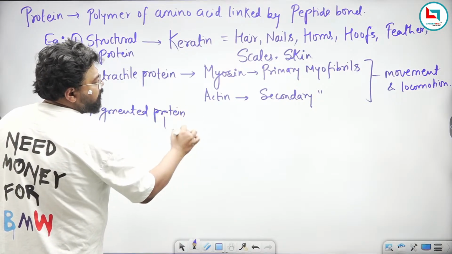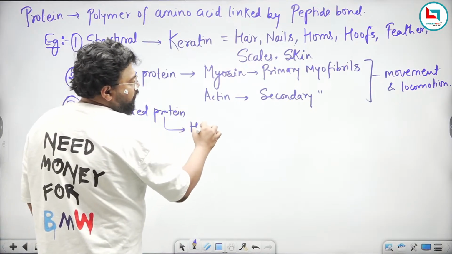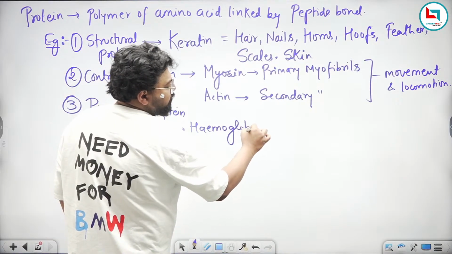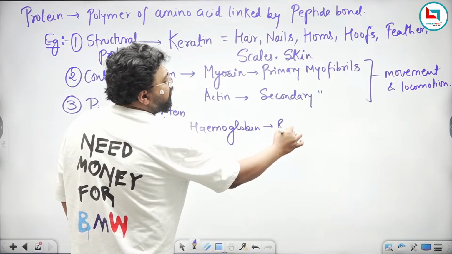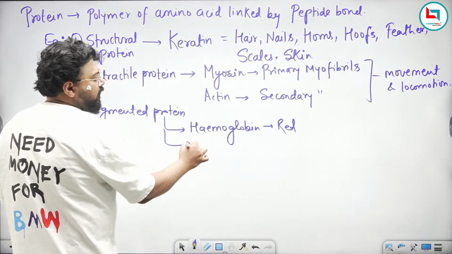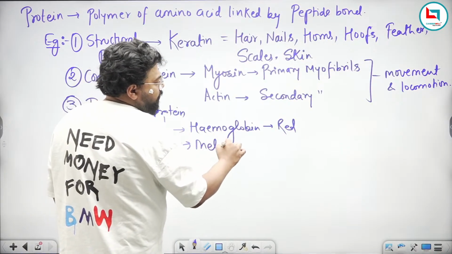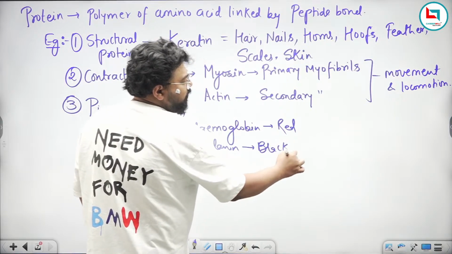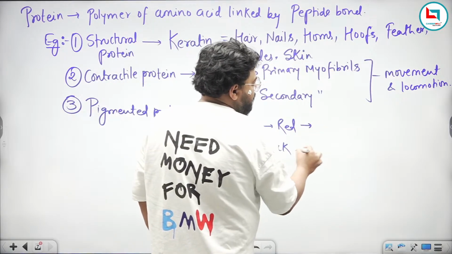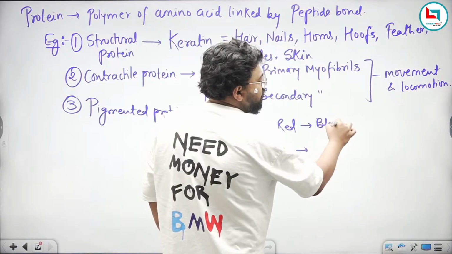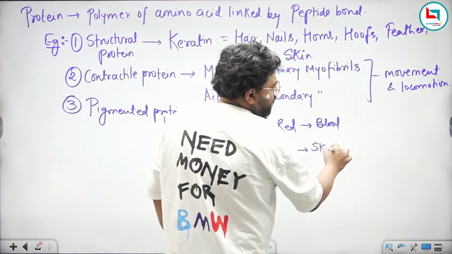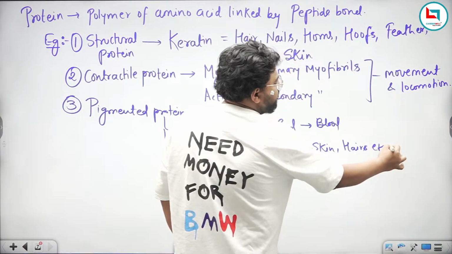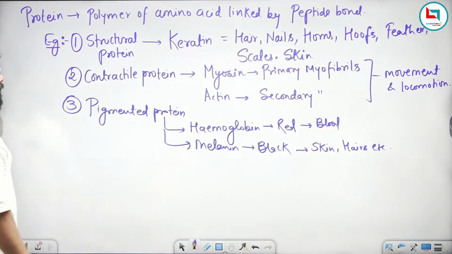For example, hemoglobin gives red color to our blood, and melanin gives black color to our skin, hairs, etc. So these are the pigmented proteins.